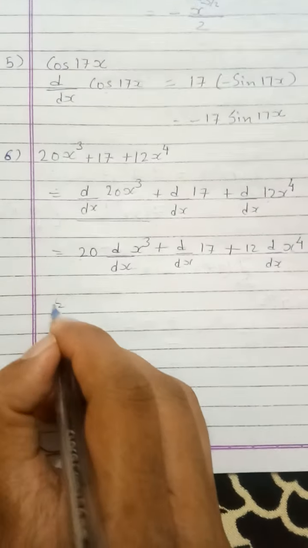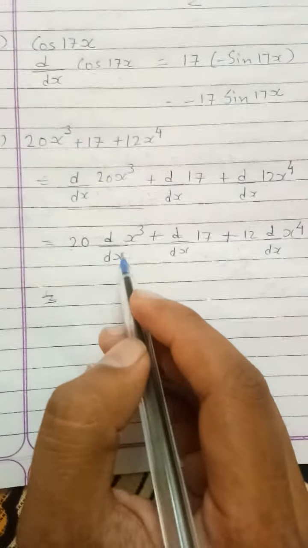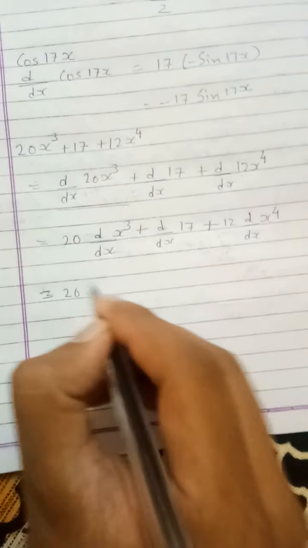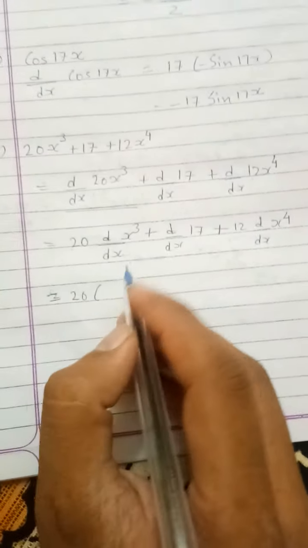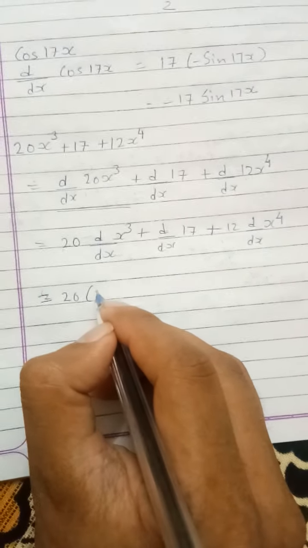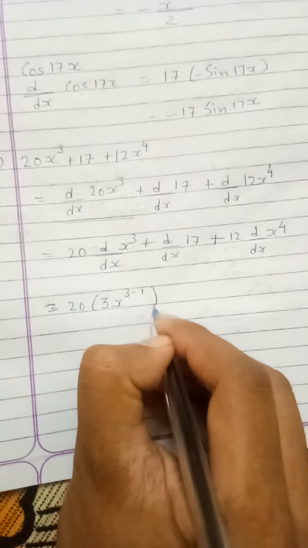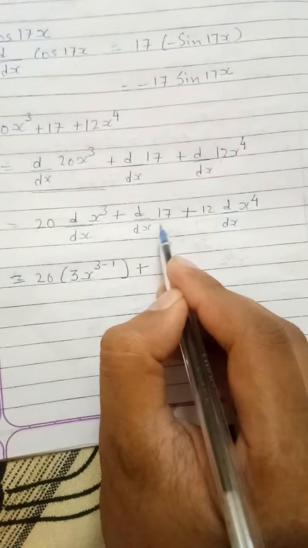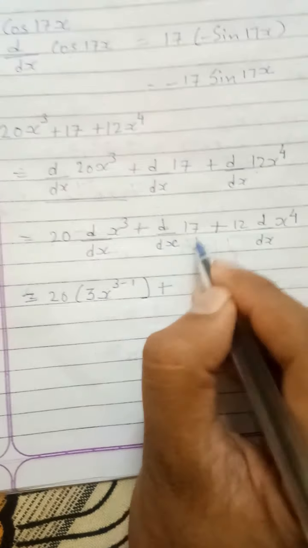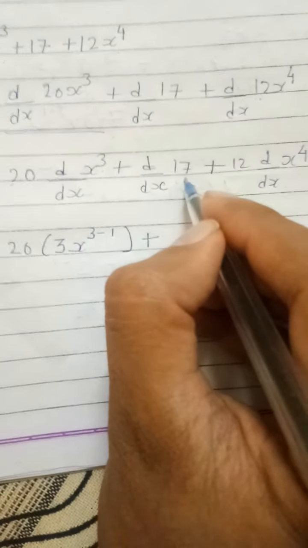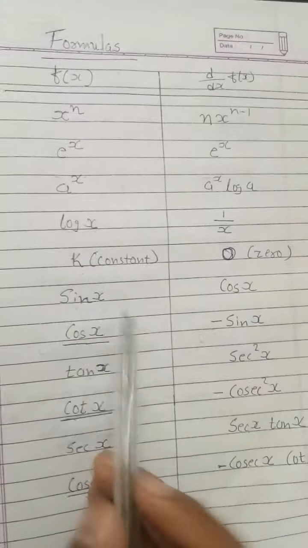Again using the first formula, which is x raised to n, here instead of n there is 3, so 20 as it is, the formula is 3x to the 3 minus 1, plus 17 is a constant, and derivation of a constant is 0.